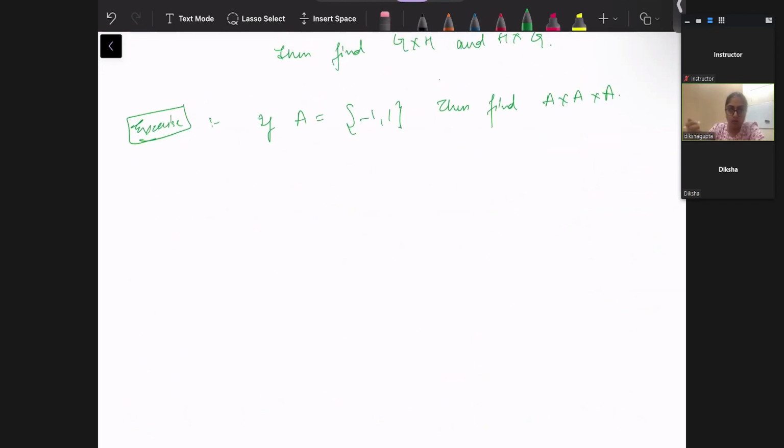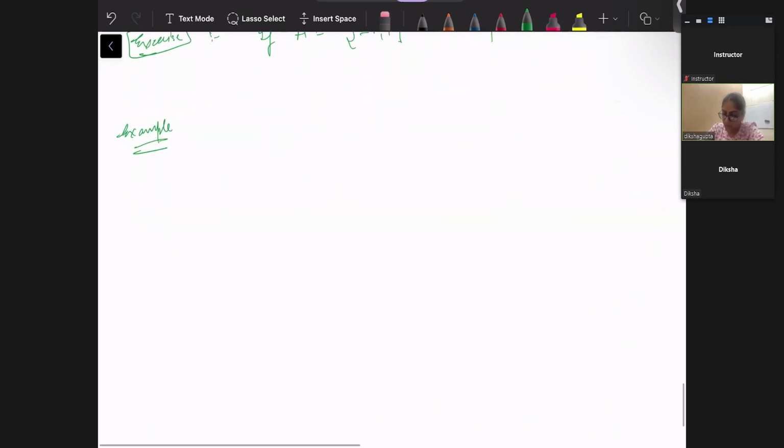Okay. So next, one more example I can do, which will also revise your concepts of set theory, intersection, union, and all the operations you need to do in set theory.